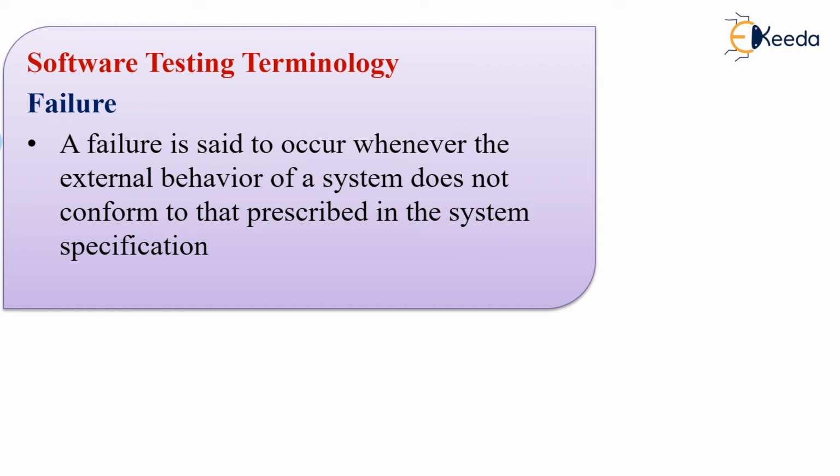Now, I'll take one example of failure. Let's say I designed a remote control with only two buttons, green and red, for an automatic door. When I press the green button, the door should open, and when I press the red button, the door should close.